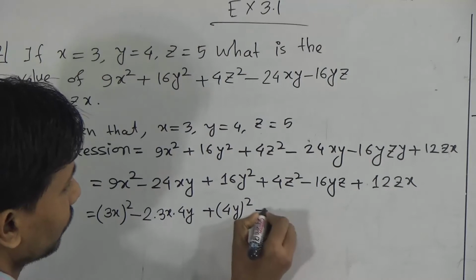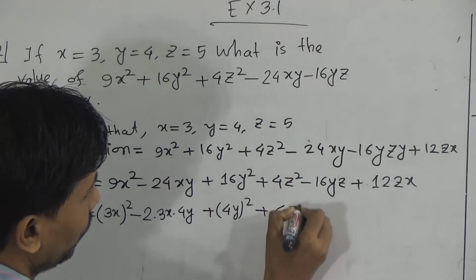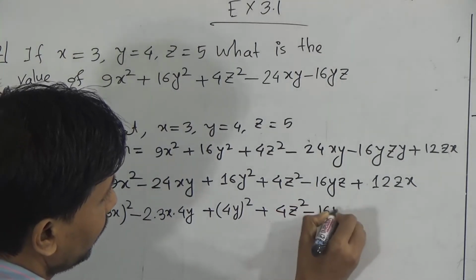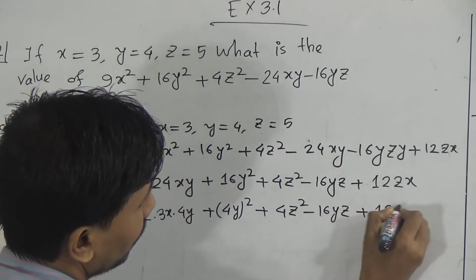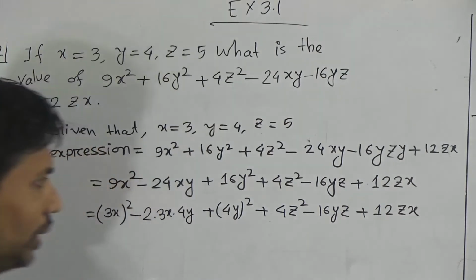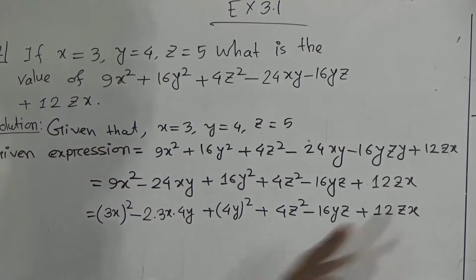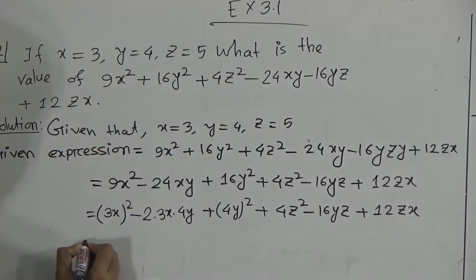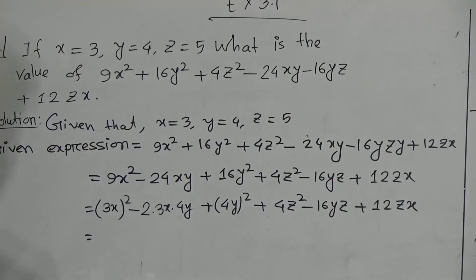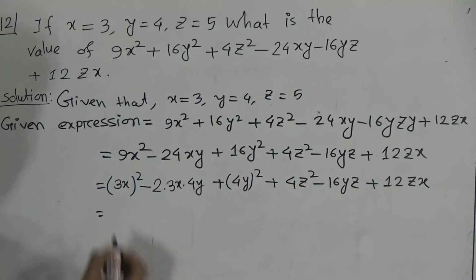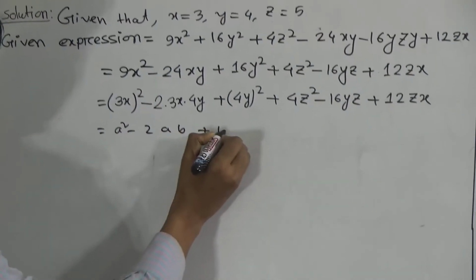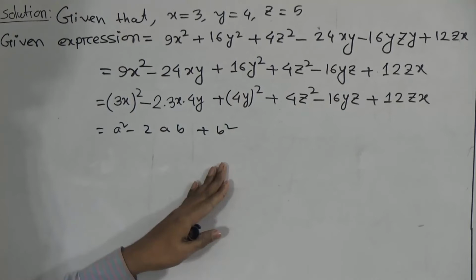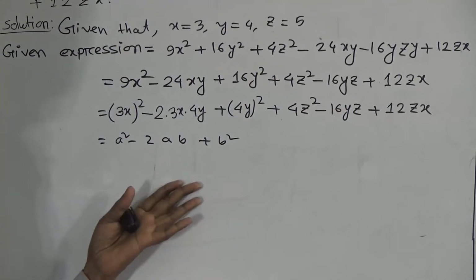The rest of the terms remain the same: 4z square minus 16yz plus 12zx. Now there is no need to write this, but listen: a square minus twice ab plus b square is equal to a minus b whole square.